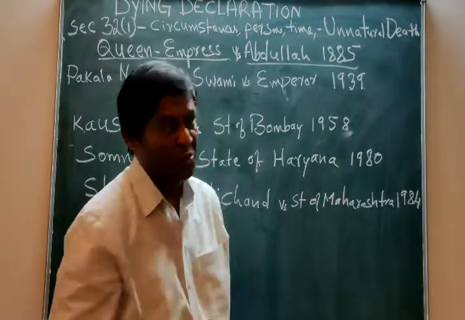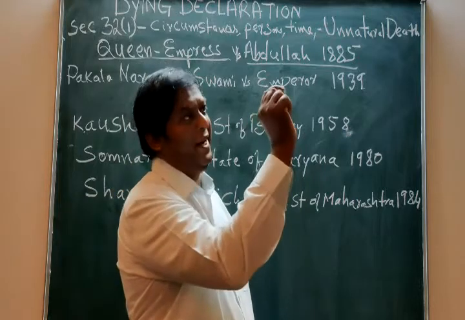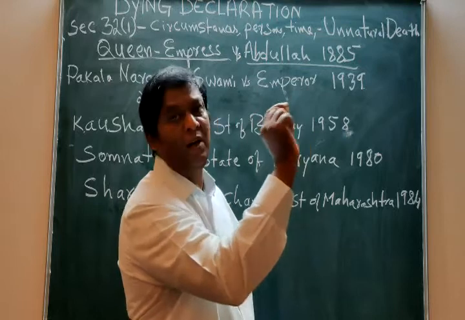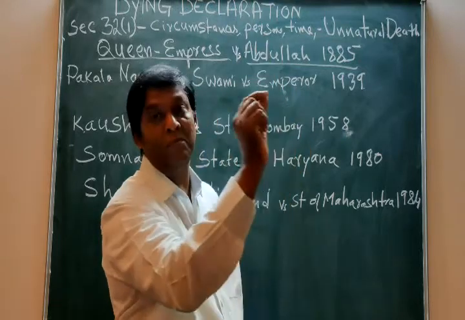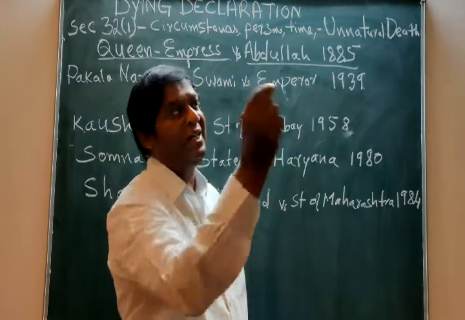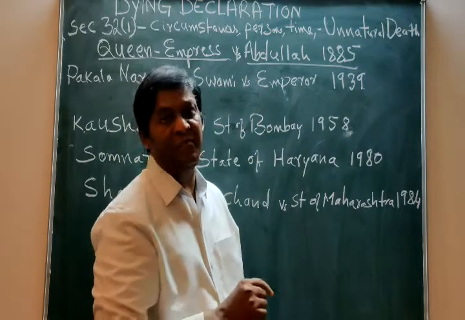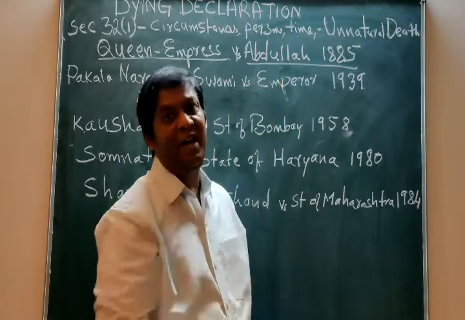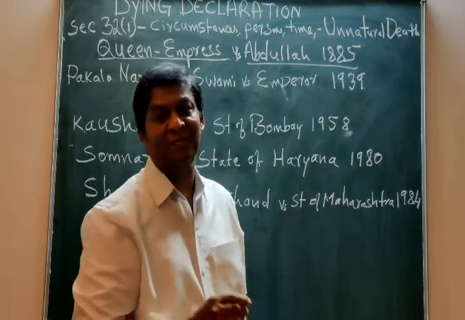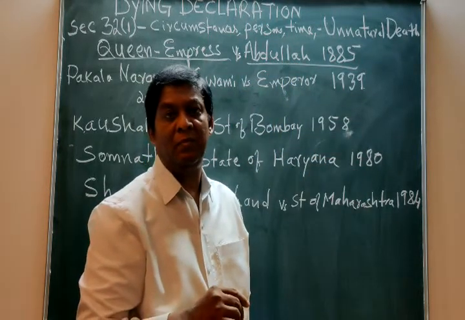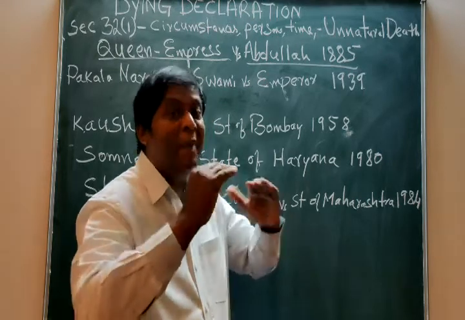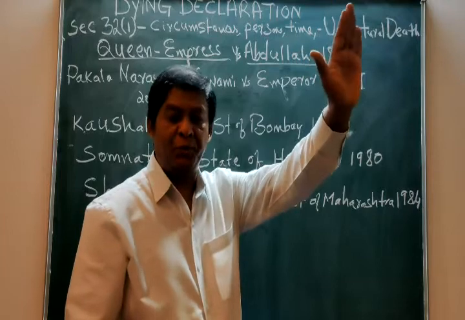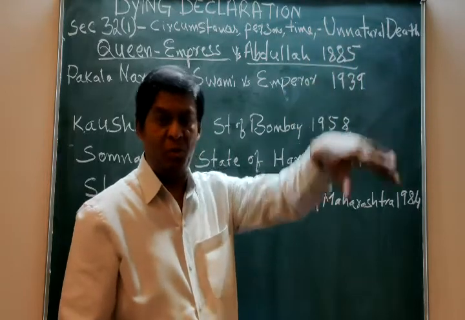It is as follows. Today at 6 a.m., Abdullah entered my room. He quarrelled with me. He has beaten me, and he took out his knife and cut my throat. The magistrate read over the story and she said, yes, true. She made the sign, true.